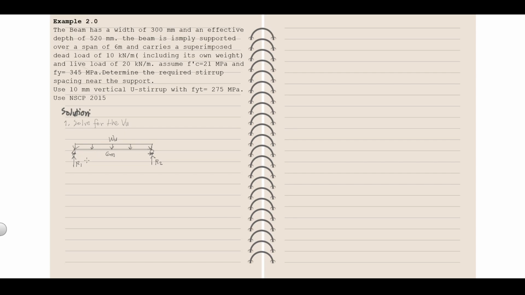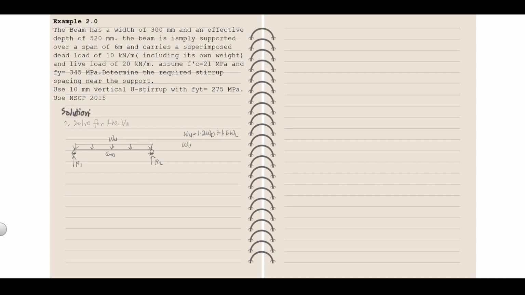Okay? Before we get the R1 and R2, we need first to get what is the load. Ano yung value or magnitude ng load na ikakargahin natin. So per NSCP 2015, 1.2 uniform distributed load na nanggaling sa dead load plus 1.6 WL for the live load.